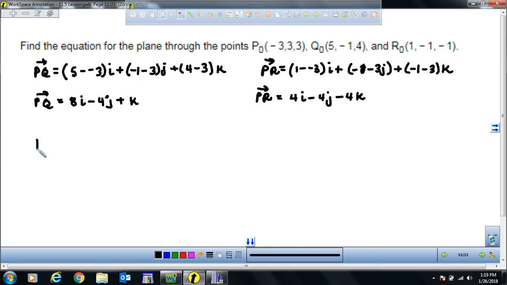Now, if we get the cross product PQ with PR, that is going to give us a vector that will be perpendicular to those 2 vectors. And basically that's what we want, because the components of that new vector will be the ABC components of the plane.